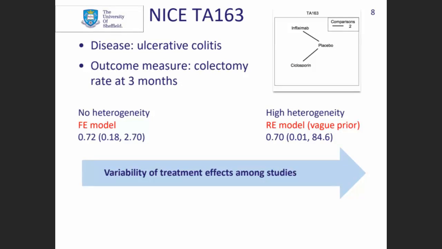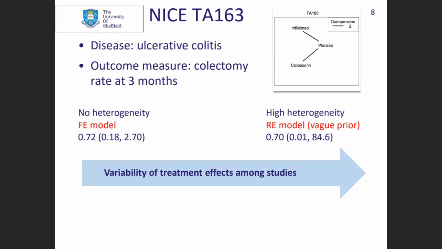The systematic literature review found there were 2 studies that compared infliximab to placebo, and 2 studies that compared cyclosporine to placebo. Using a fixed effect network meta-analysis, the odds ratio of having colectomy at 3 months was estimated at 0.72, comparing infliximab to placebo, and the uncertainty interval ranges from 0.18 to 2.7.